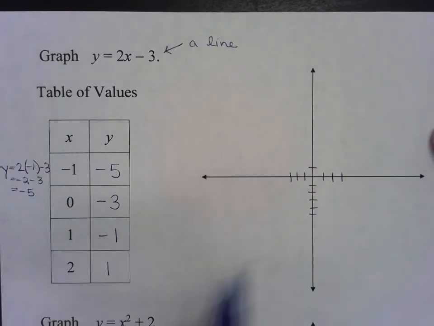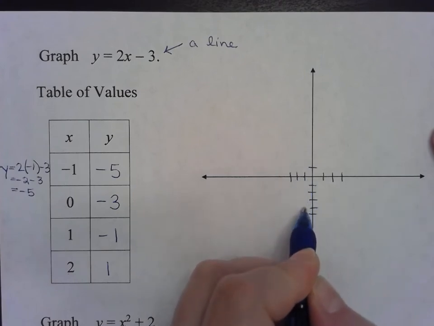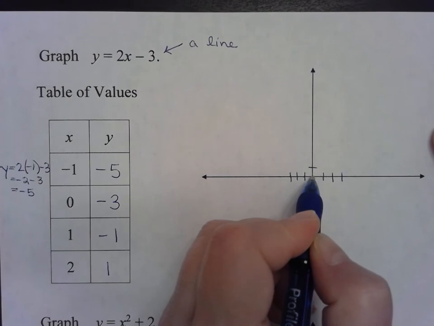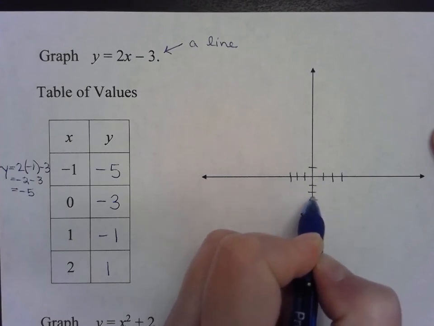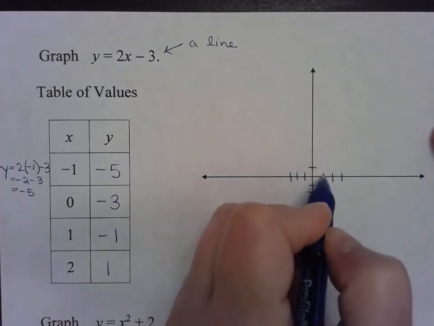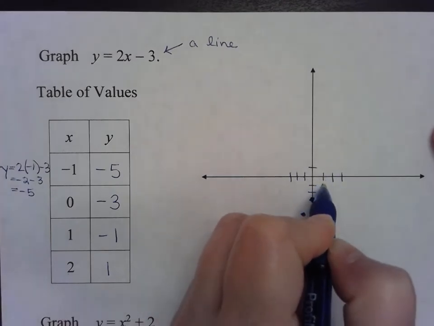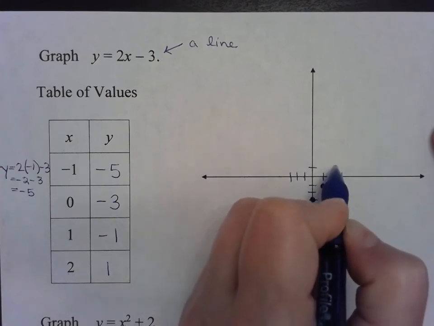Okay, so let's plot them. So I have -1, -5. 0, which means I don't go left or right, -3. That's a special point called the y-intercept. 1, -1. And 2, 1.